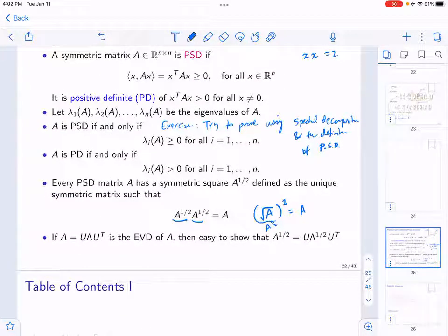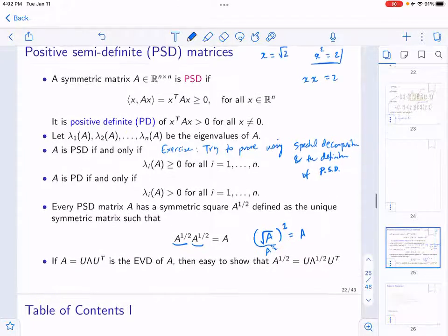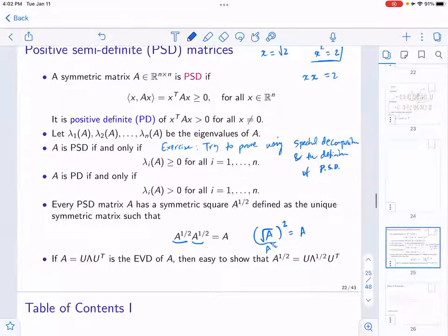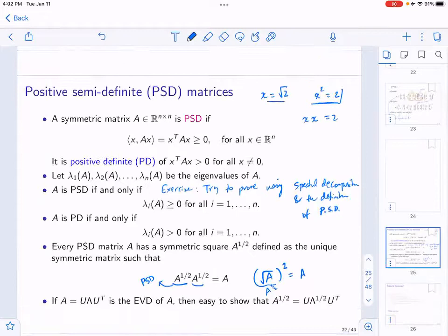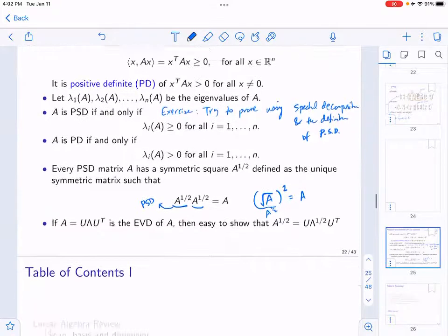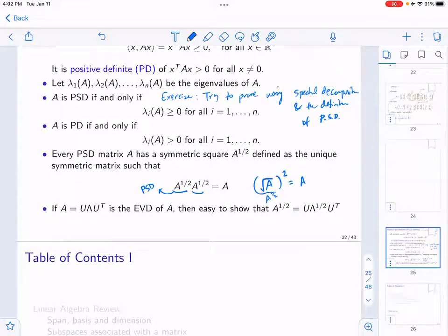Because we're talking about matrices, there are options. Here we require that they be symmetric and also PSD, so the root would be PSD as well. I'm requiring that the root be itself positive. So every symmetric PSD matrix has such a square root.